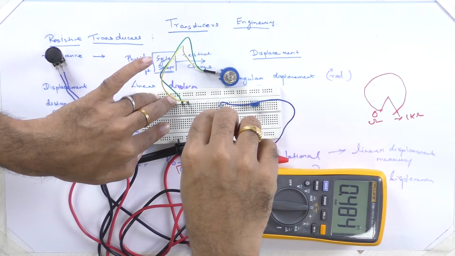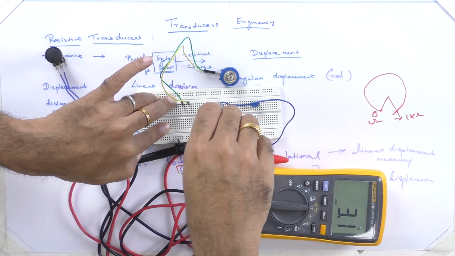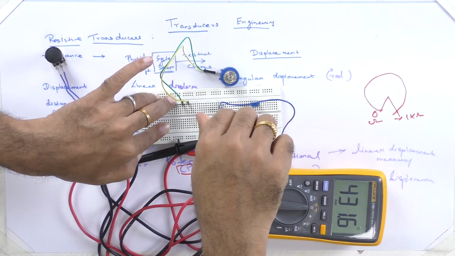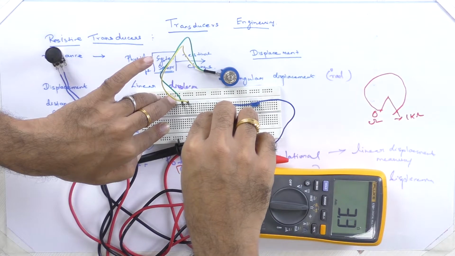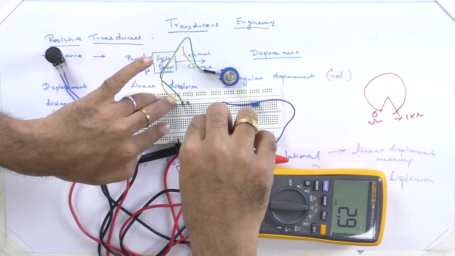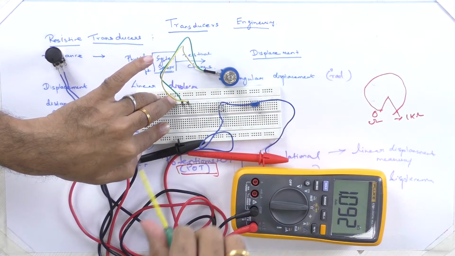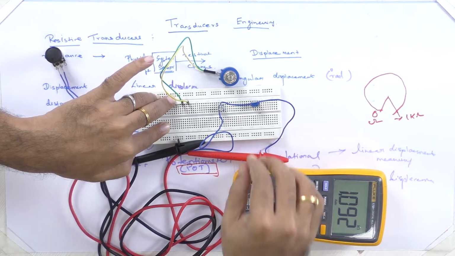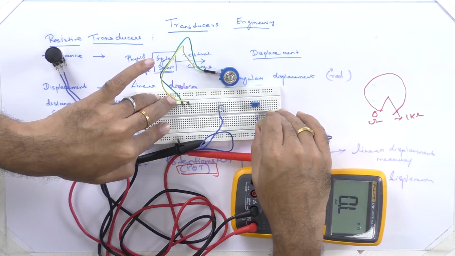I am reducing it, it's coming down. It is a single turn part again. I'm just changing the screw and it's coming to 1, 2. You see, at the minimum it is showing 3.0, and if I go to the maximum it can go till 1K pot. Like this, this is of another style. Trim pots, these are called.